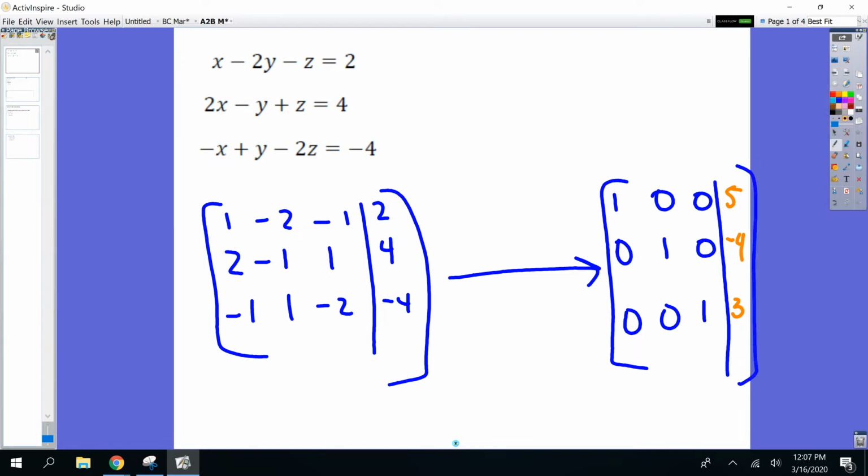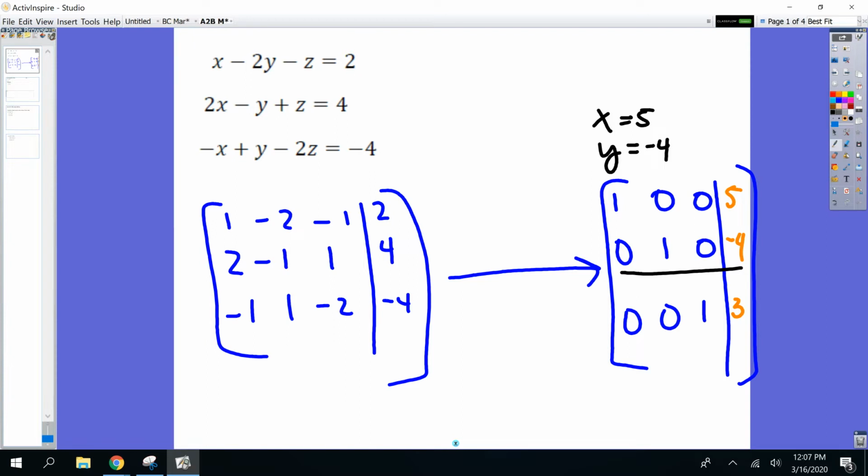Once we get to this point, take a look. We'll have our solutions, because if you take this first row right here, that first variable represents x, second is y, third is z. So right here we can say that x equals 5. Then you go to this row: your x is 0, your z is 0, but your y is 1, and that's equal to -4.